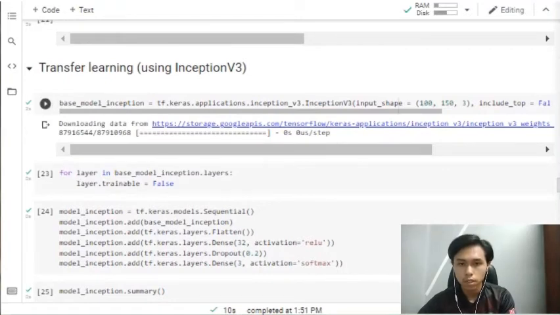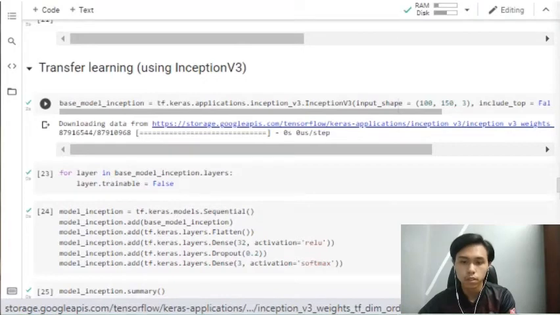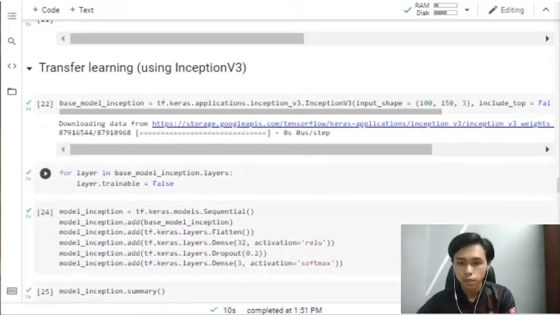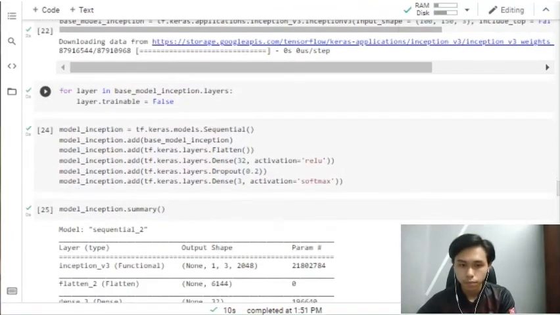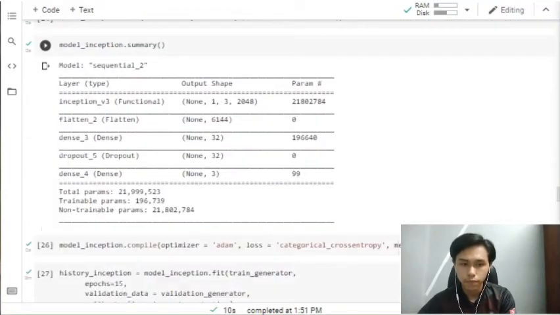For the next application model, which is Inception V3, it is used to enlarge the image to find the potential accuracy. In the model, flatten, dropout, and dense layers were used, using ReLU and softmax activation functions.